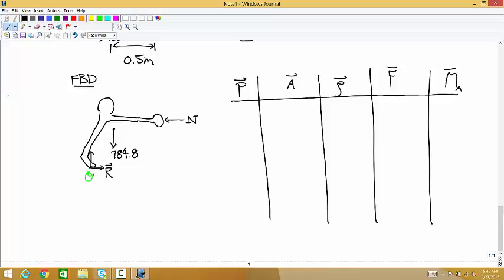Okay, so let's just go through these forces one by one. What is the position vector? What are the coordinates of the point where that force R is applied? That's the origin, yep.